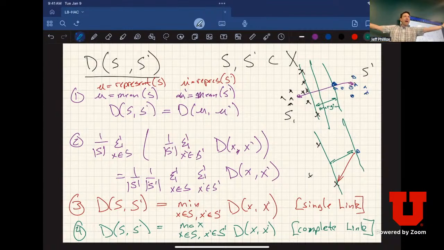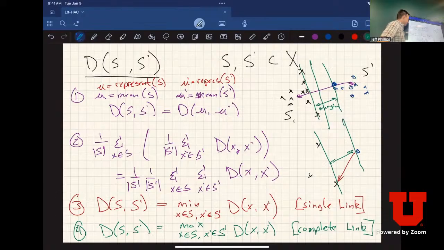They're very spread out, but from one house to the next house is never that far away, and I can go pretty far along the Wasatch Front, even though some points are very far apart. Complete link will force everything to be close to merge it together, and I might be better to merge here with the Park City area before I merge it with Provo, because Provo is geographically further away, even though there's not a gap between any of the houses.